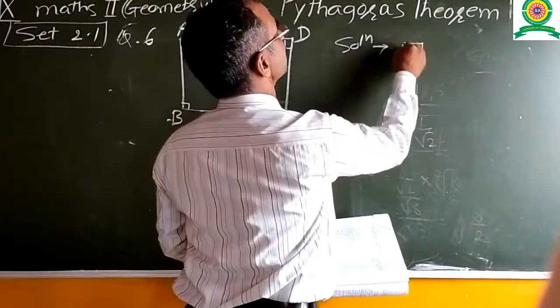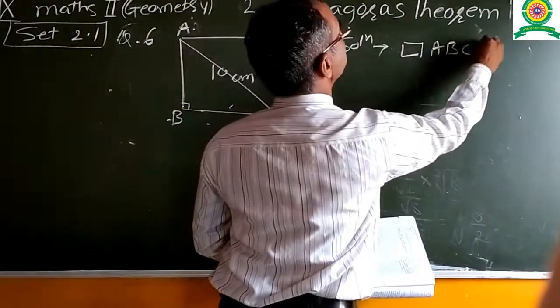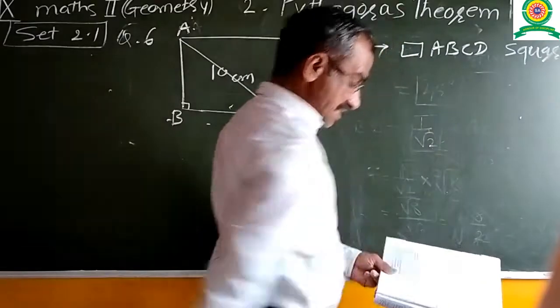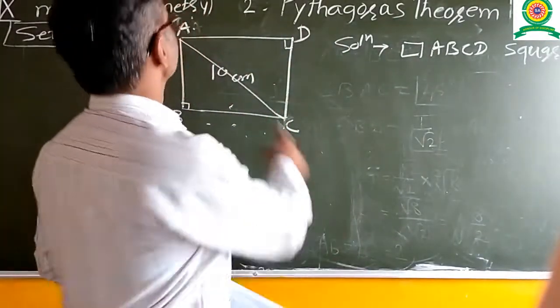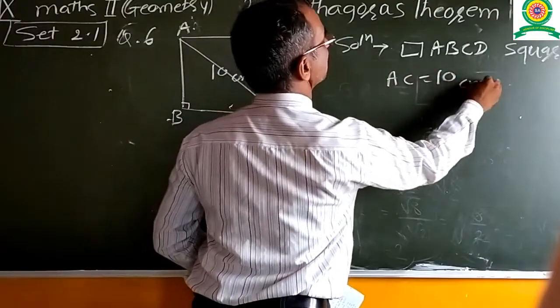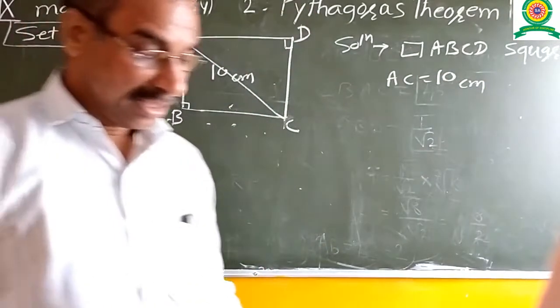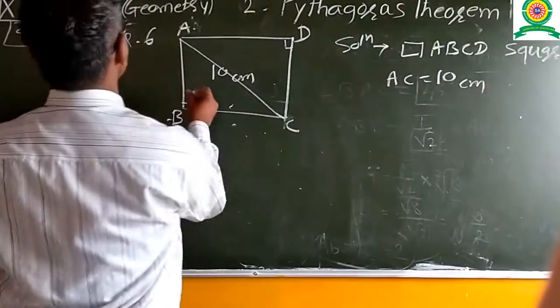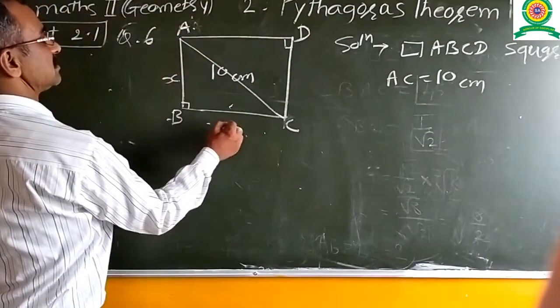ABCD is a square. What was given? Their diagonal AC is equal to 10 centimeters. So we are finding these two sides or any sides.